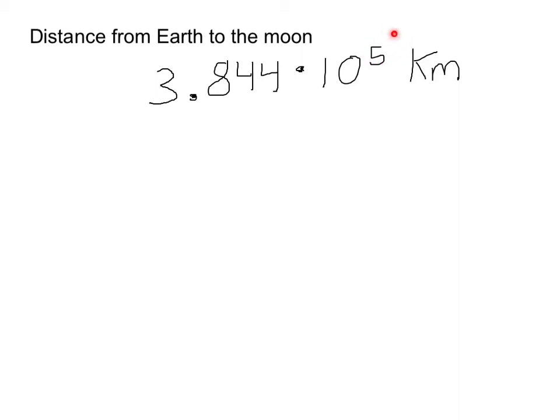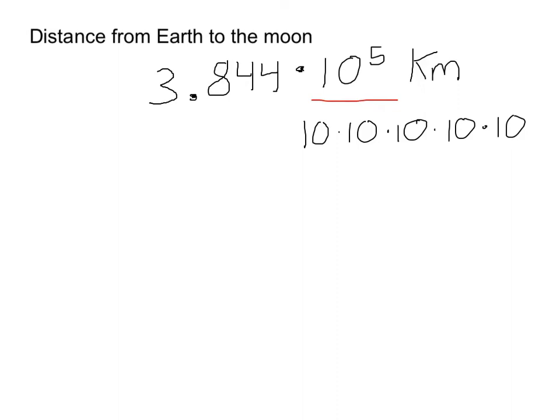Before we knew that this exponent 5 told us to move the decimal 5 times to the right. But why? Our key goes into this base 10 with exponent. What do we know about that base?